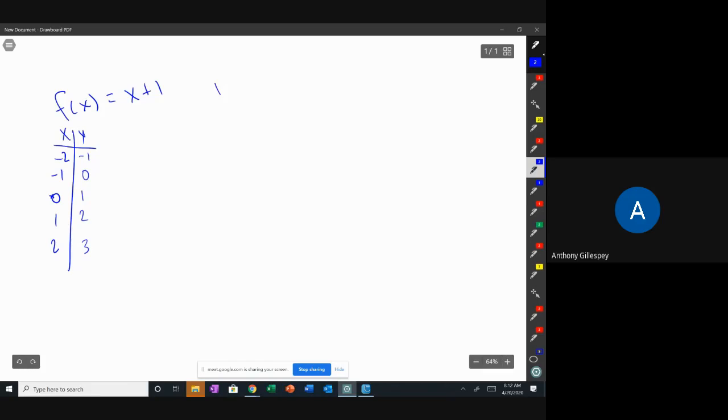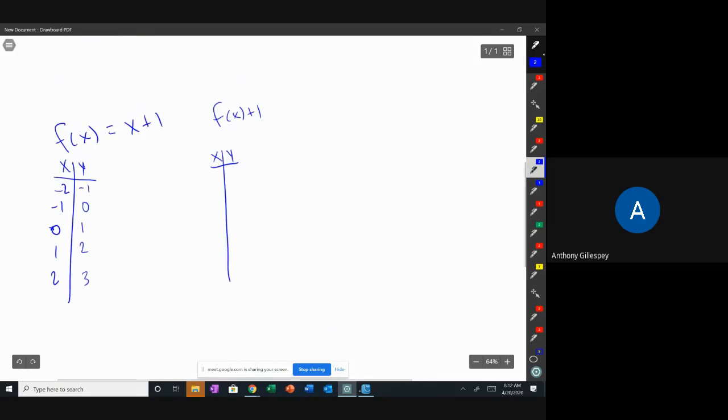All right, now let's look at f of x plus 1. We already looked at the graph and saw it's translating the graph up 1. Yes, but what's interesting is what's happening to the points. Now, when you put a -2 into the machine, first things first, what's f of x another word for?